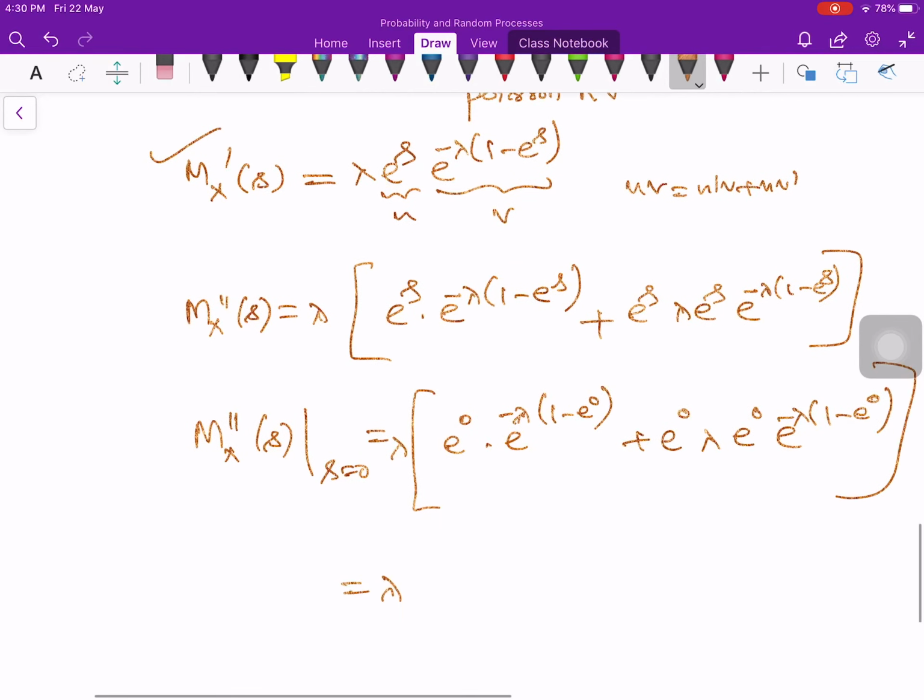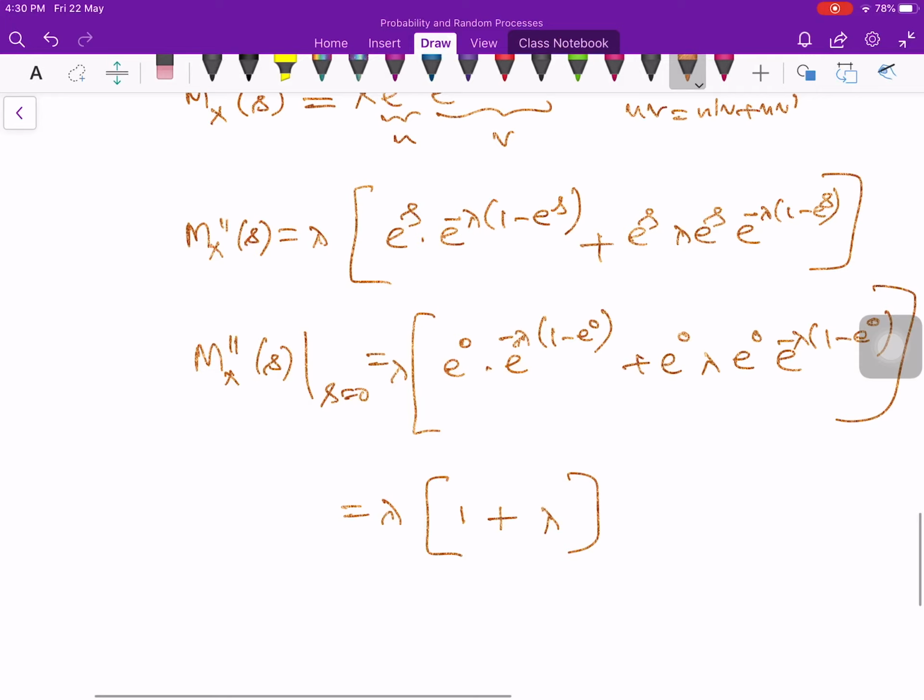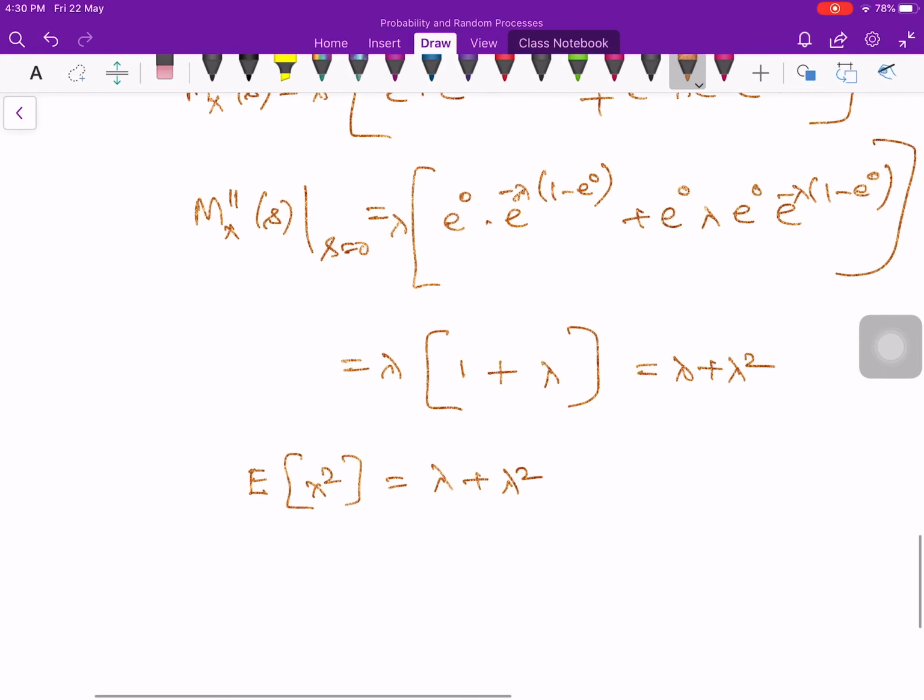Now this is going to be lambda times e to the 0, which is 1, and that also e to the 0 is 1. So plus lambda times that also 1. So this is equal to lambda plus lambda square. So the second order moment is obtained, which is lambda plus lambda squared. This is the second order moment of the Poisson random variable.